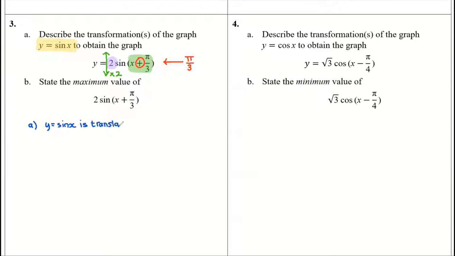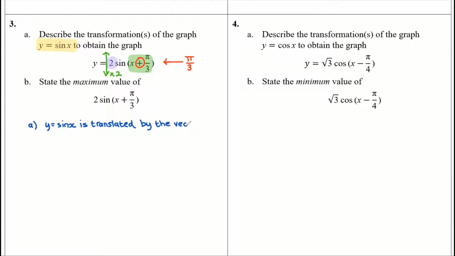So if the graph or the object, whatever it is, maintains its orientation and it is not distorted in any way, it is simply placed somewhere else on the 2D plane, that's called a translation, and it's a past tense, so it's translated. So y equals sine x is translated, and we can describe translations using vectors.